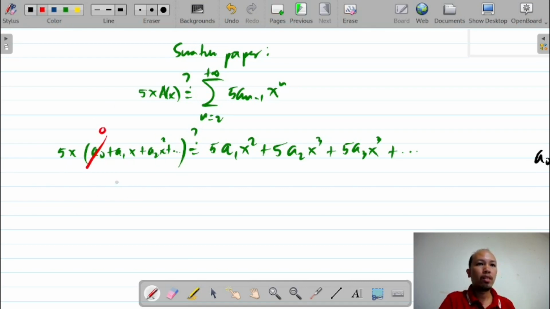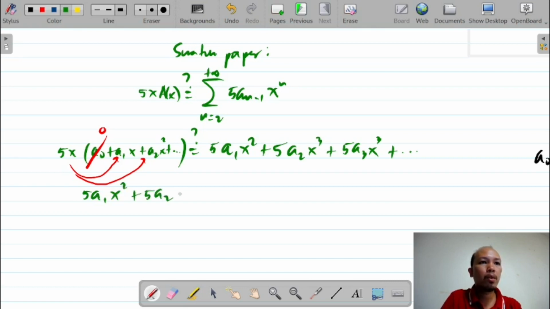So this becomes 5 a sub 1 x squared plus 5 a sub 2 x cubed, and so on and so forth.